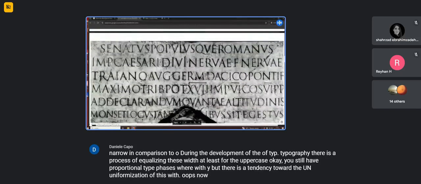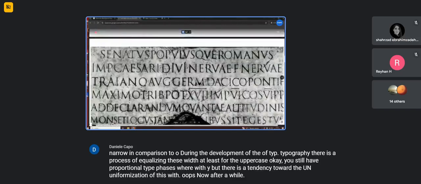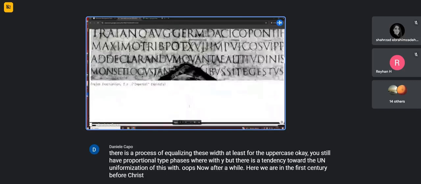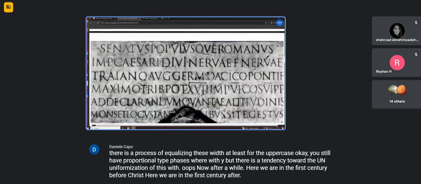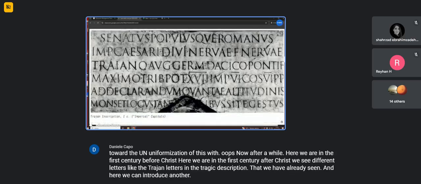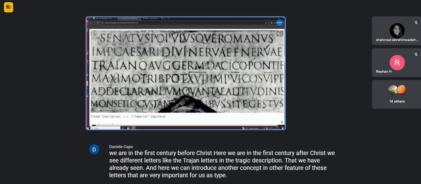Now, after a while, here we are in the 1st century before Christ. Here we are in the 1st century after Christ. We see different letters, like the Trajan letters in the Trajan inscription that we have already seen. And here we can introduce another concept and another feature of these letters that are very important for us as type design.